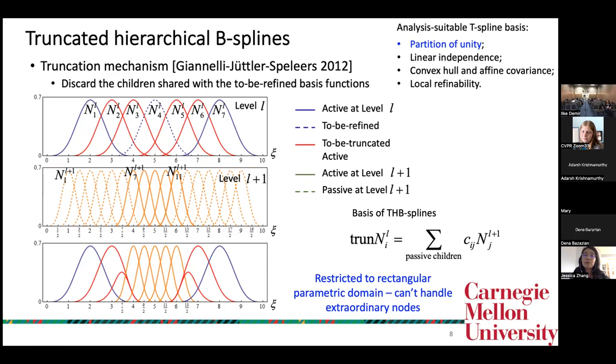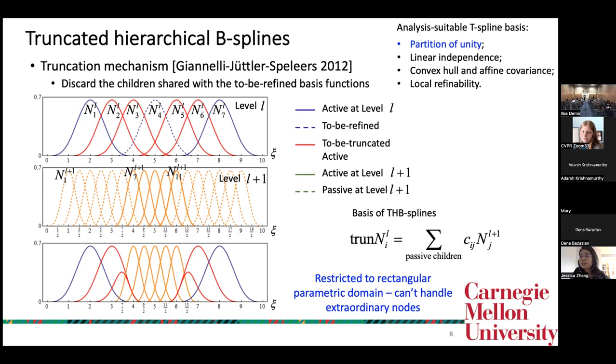But when we replace that, we will have duplicated contributions from some children basis functions between those two levels. And that gives us the problem of partition of unity. Which means if you directly replace N4 with 5 children basis functions, we lose the property of partition of unity.